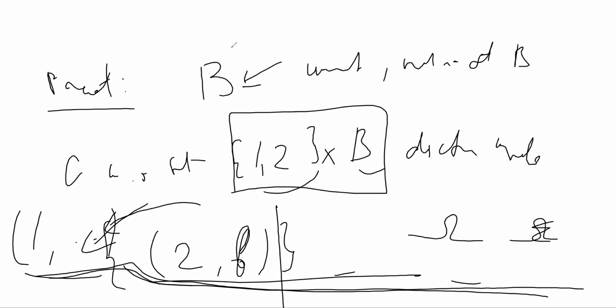Then we take omega, the smallest element of C for which the section is uncountable. And then let A consist of this section along with the element omega, right? And yeah, that was the whole proof.